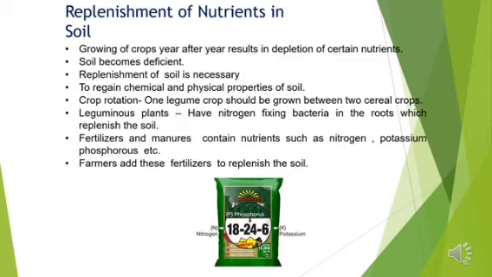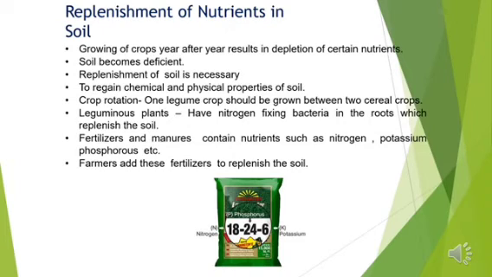You know that we keep growing crops year after year, and after that what happens? This results in the depletion of certain nutrients. So if it is not replenished, if the nutrients are not enough in the soil, then it becomes unfit for cultivation. So replenishment of soil is very necessary. So how do we do it?